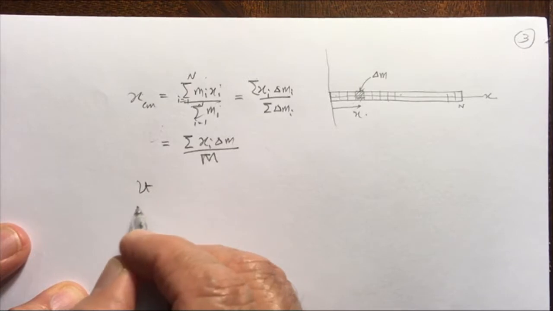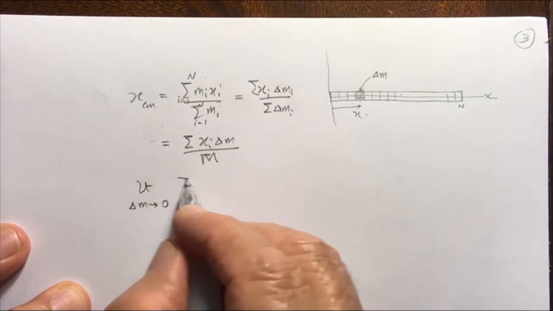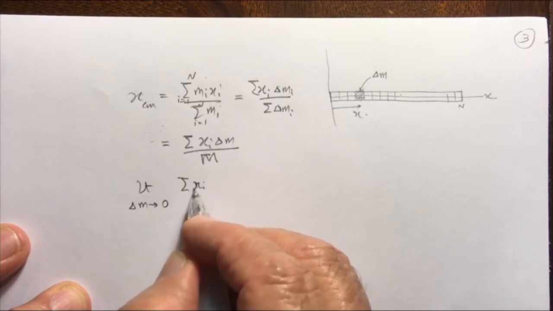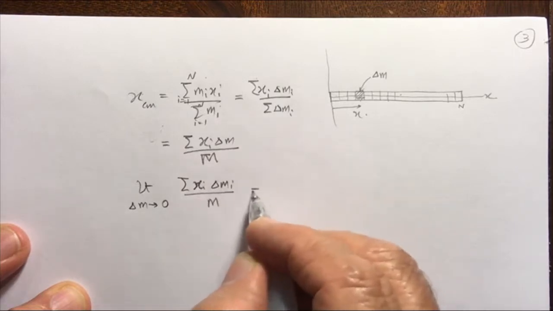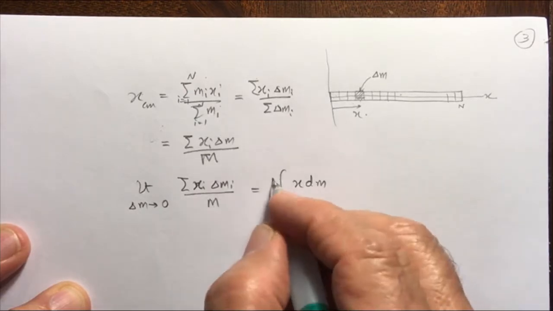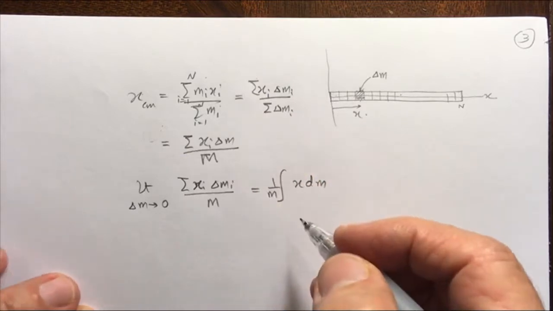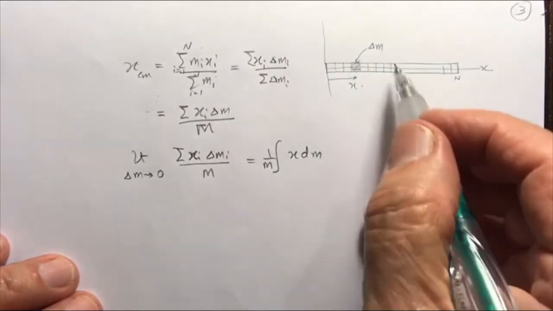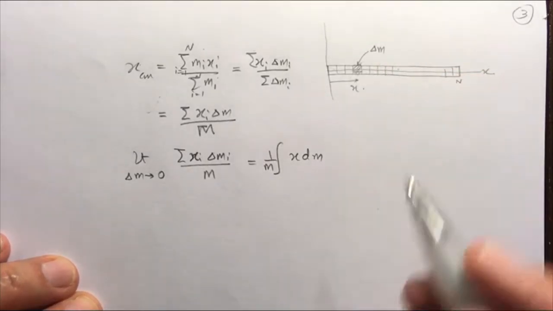Now, in the limit when delta m tends to 0, this summation of xi delta mi over m becomes 1 over m times the integral of x dm, and the integration is over the entire mass. So we do this for this case, for which we need to know how to get the dm.